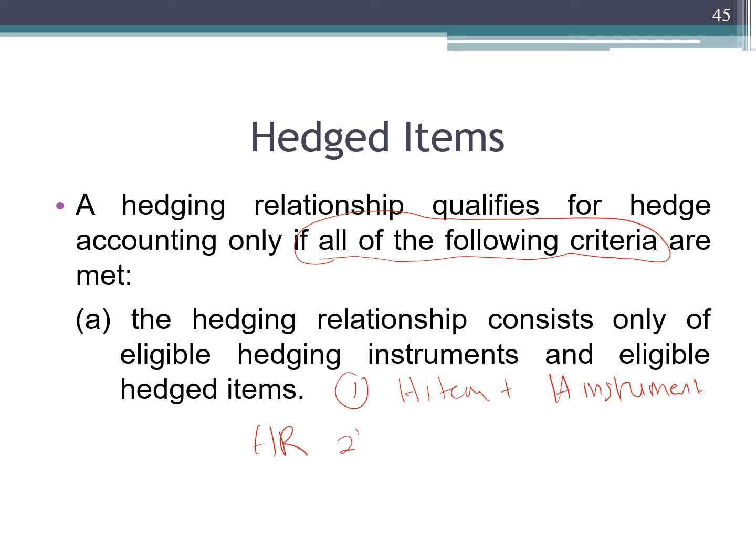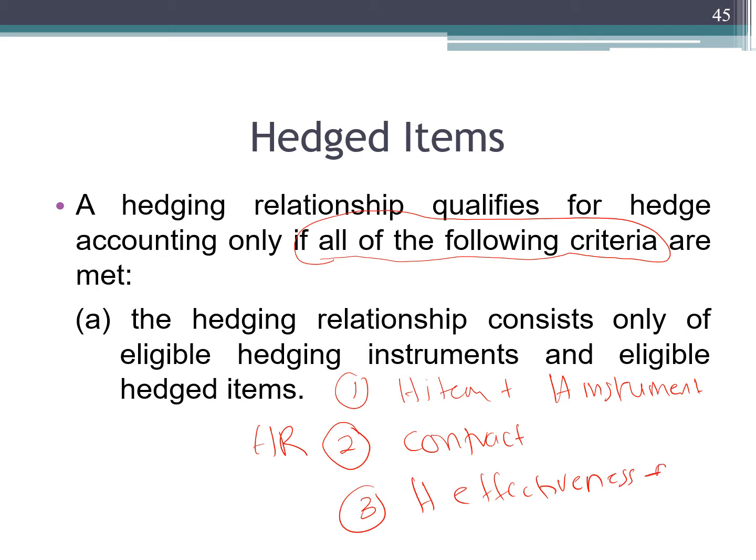That is the first criterion. The second criterion that you need to fulfill here is that you should have a contract for the hedging activities. And the third one is the hedging effectiveness. So there are 3 criteria we need to fulfill.